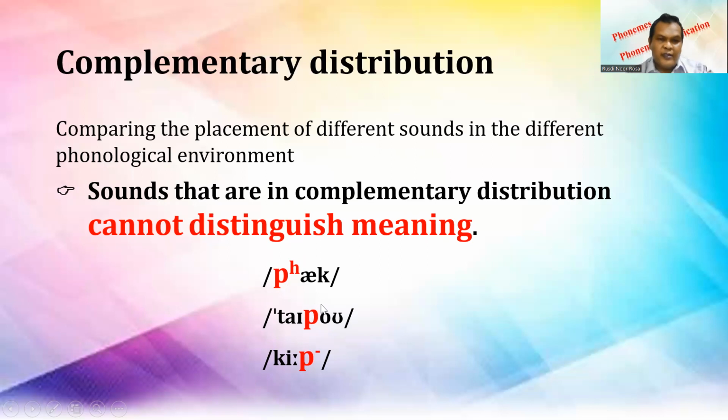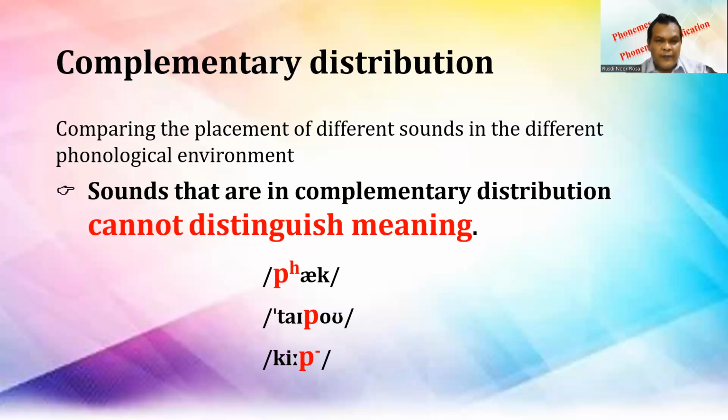But the difference is that in the first word, p is stressed. Meanwhile, p in the second one is not stressed because the stress is located in the first syllable. And the last one here, that p is located in the final syllable, or in the final position of a syllable.